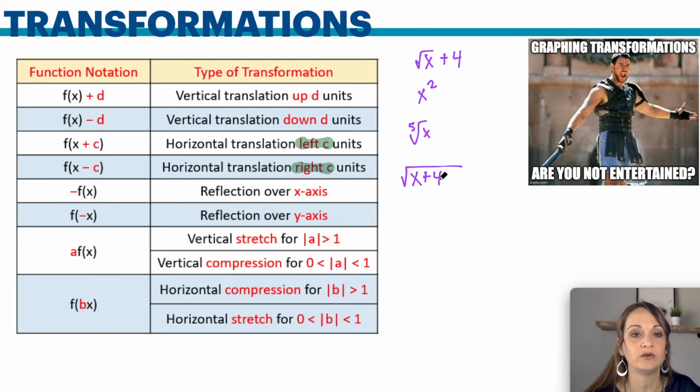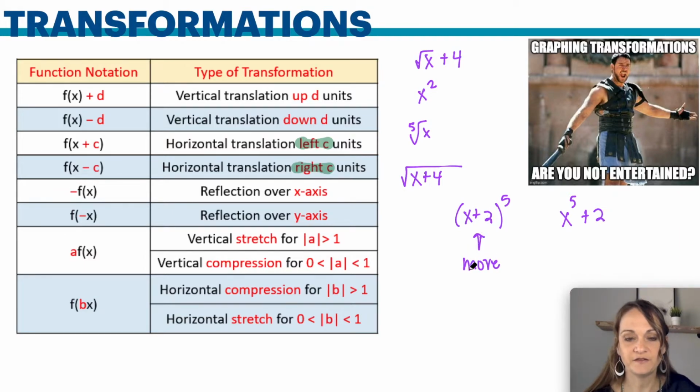This is where you would move it left and right. This is a positive, so you would actually move it left. Or if you had a fifth root, and I did x plus 2, as opposed to x to the fifth plus 2, here you would move left. If it was a positive, you move it left. So in this case, it's a positive, you would move it left.